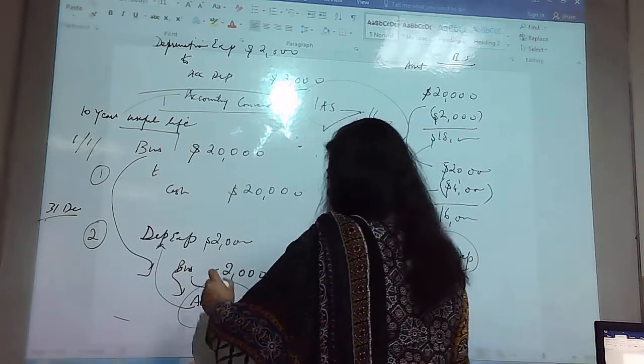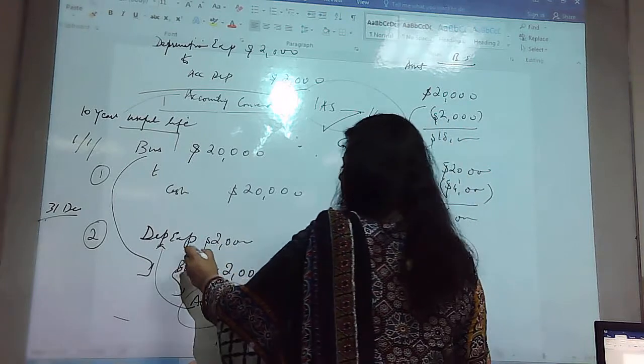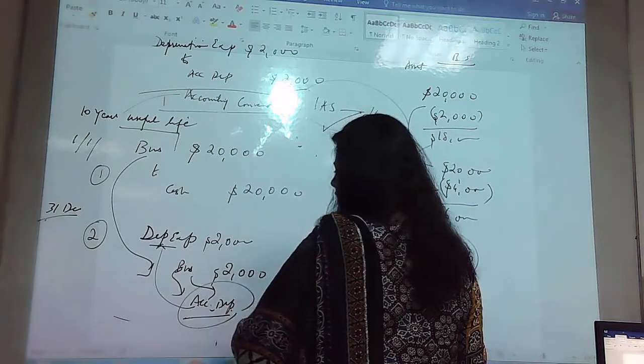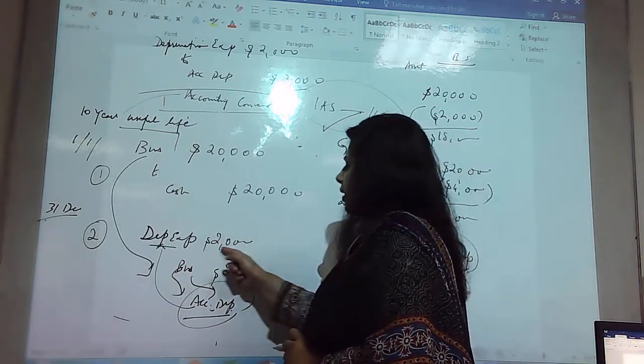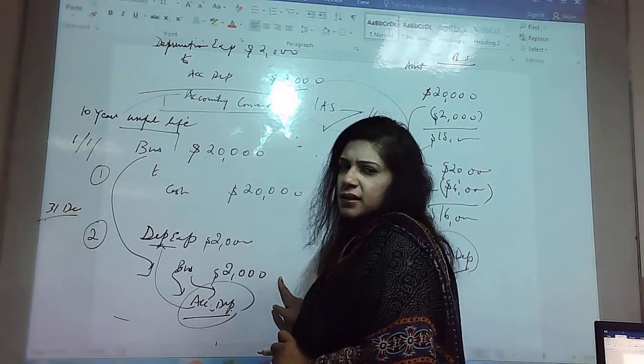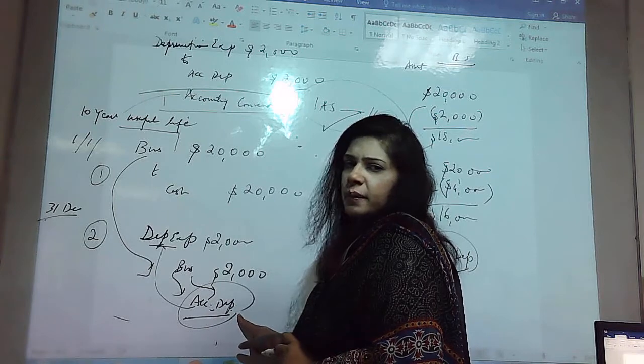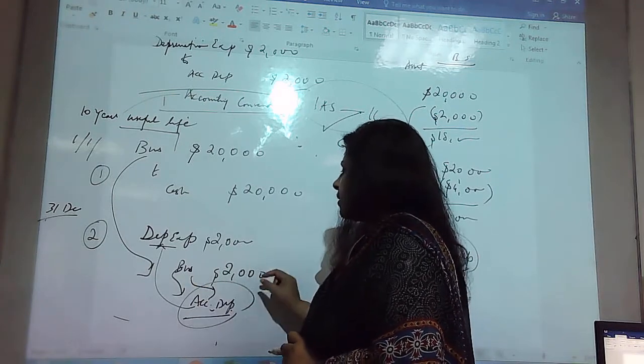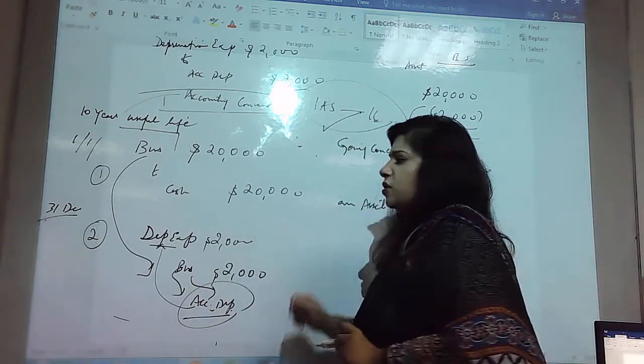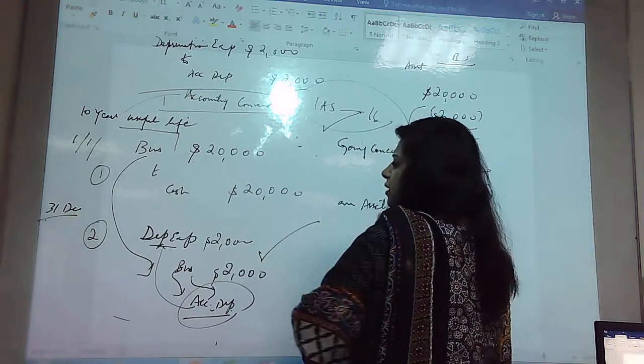So usually we make the entry as depreciation expense to accumulated depreciation, and we also have to credit this asset. So we can say bus, and on account of the accumulated depreciation, the bus at that point is credited. So this is known as the first adjusting entry.